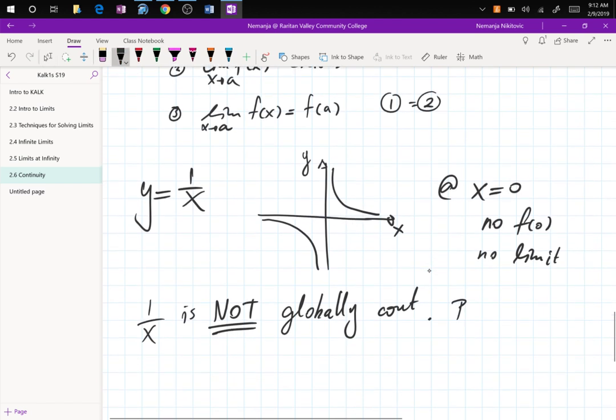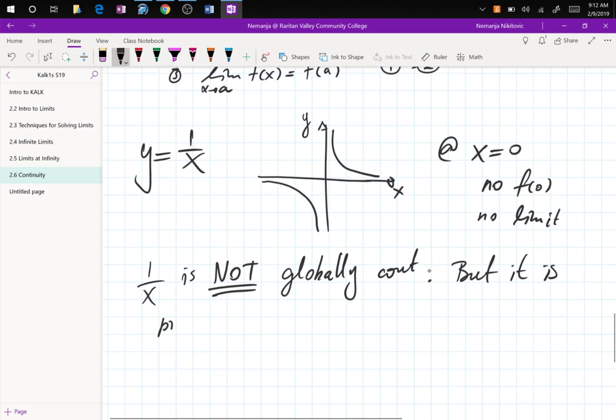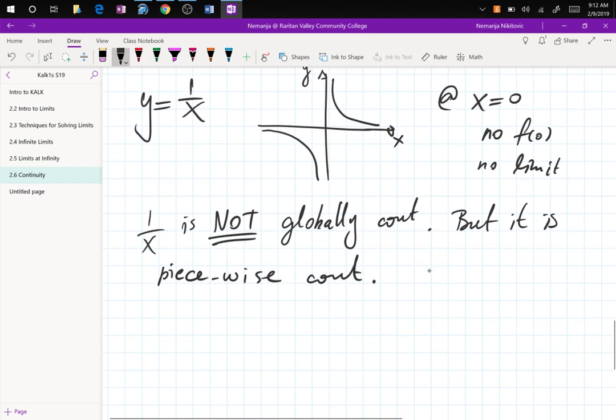But it is piecewise continuous, because there is a piece from negative infinity to 0.